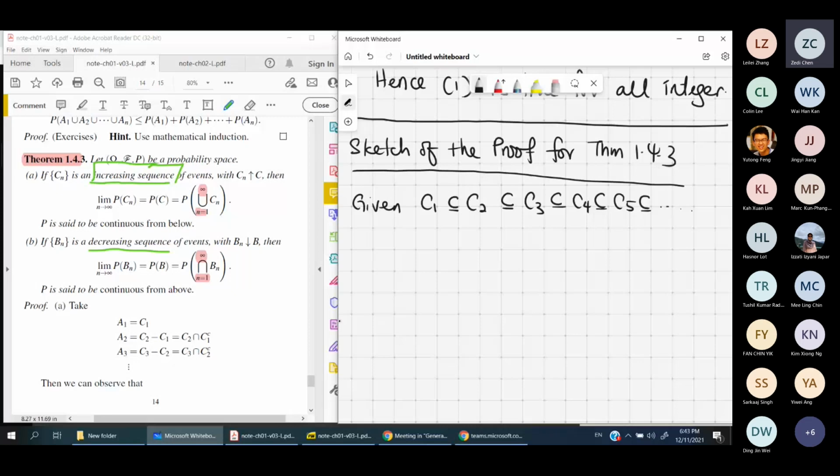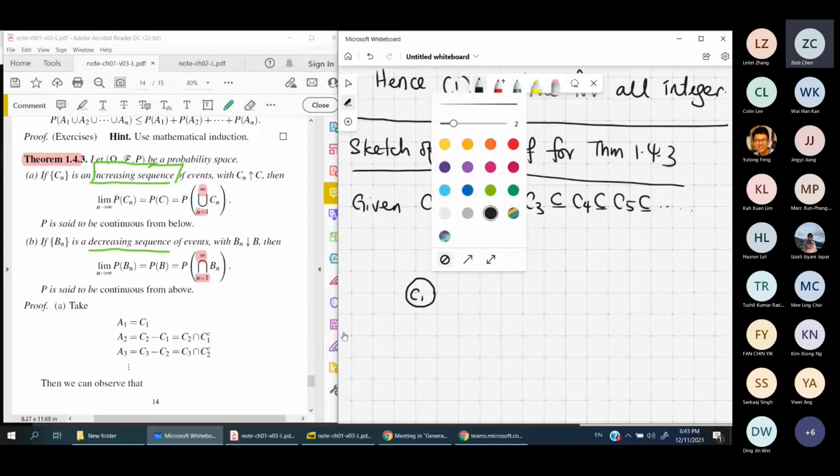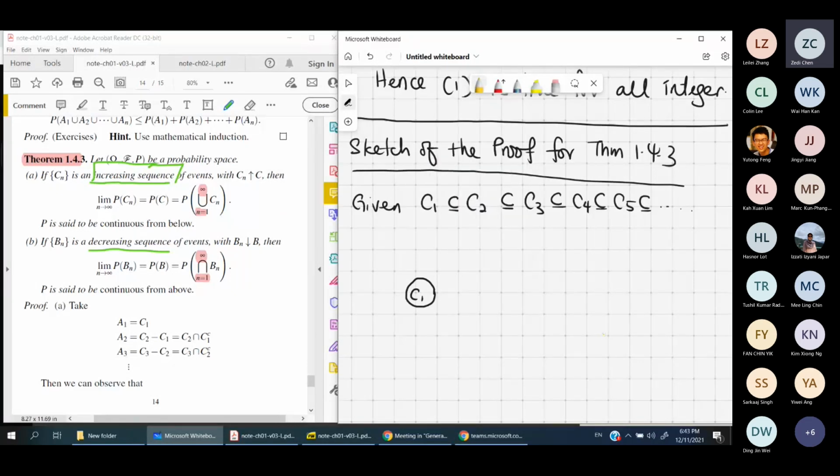Let's say this picture. So let's say this is our C1. And C1 is a subset of C2, right? So which means C2 must include all of C1, something like this. Yeah, so this is our C2, right? And C2 is included inside C3.